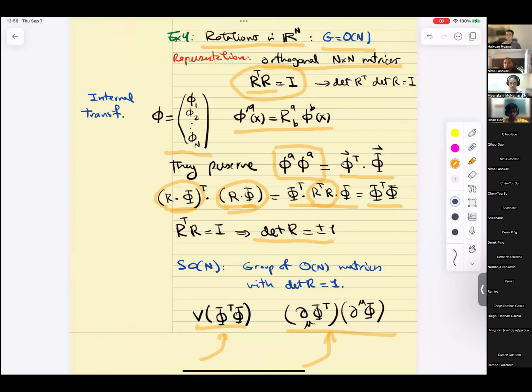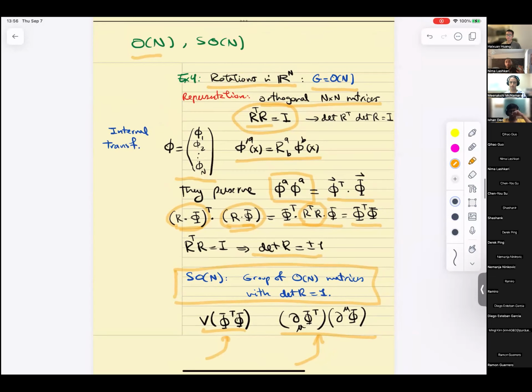That forms a subgroup of O(N). It's called SO(N). So these are the group of n by n orthogonal matrices that have determinant 1. So SO(2) is the rotation matrix we wrote down. And SO(3) was rotations of the sphere.